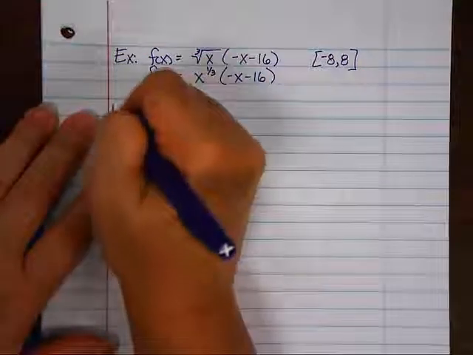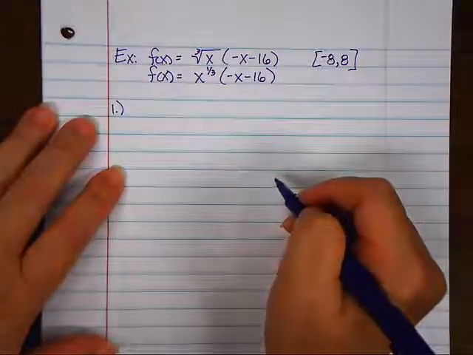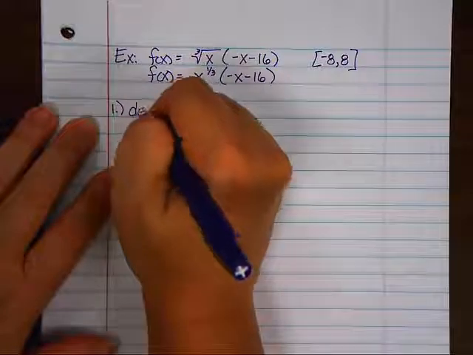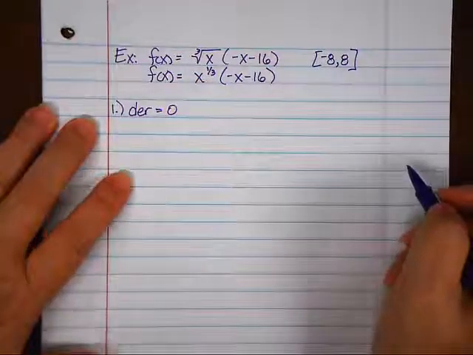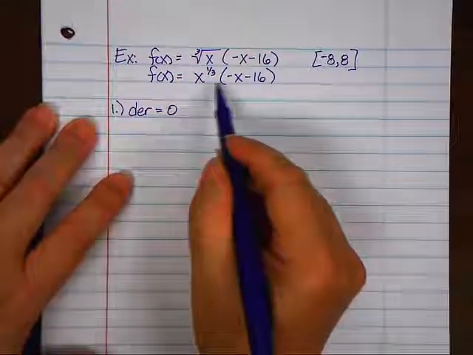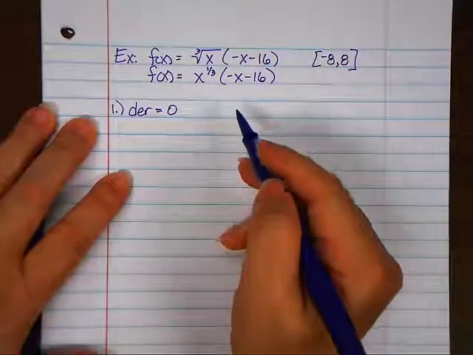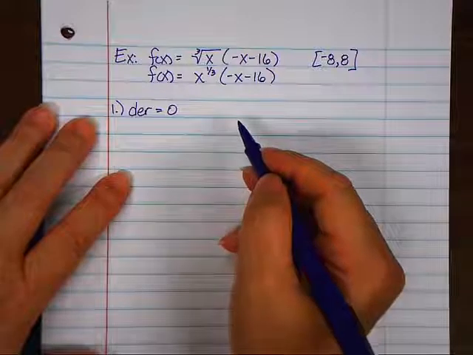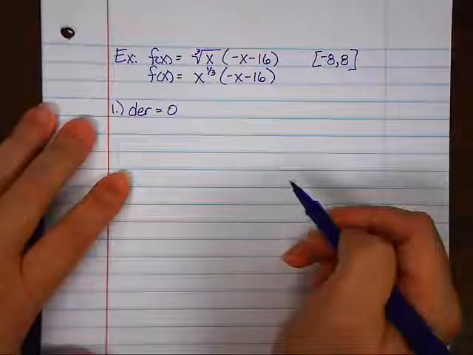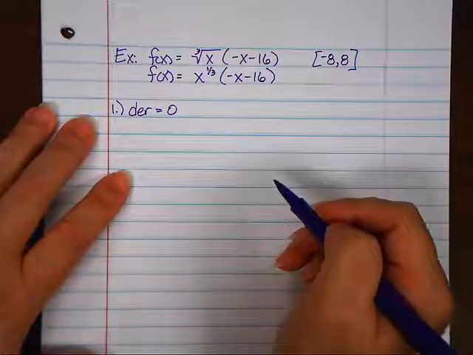Okay, now we go through the three-step process. Step 1, find the derivative and set it equal to 0. Do I need to pay attention to any rules as I do this derivative? Product rule is correct. So I'm going to give you about 45 seconds. I want you to do just the first step of the product rule. Don't try to clean it up.